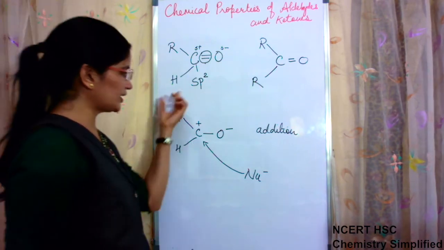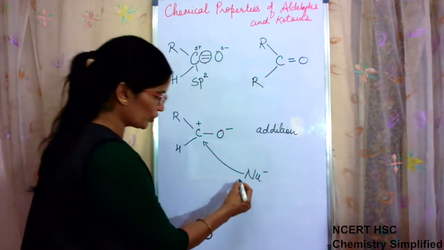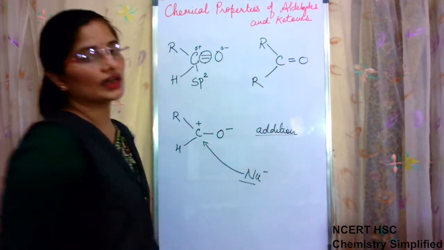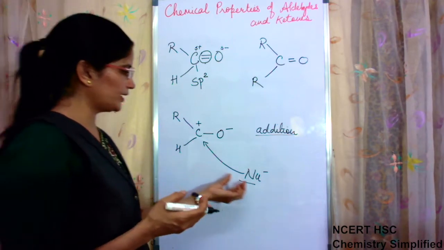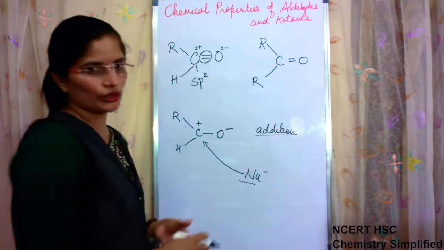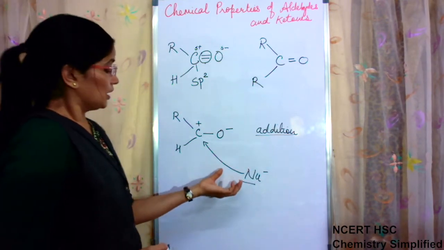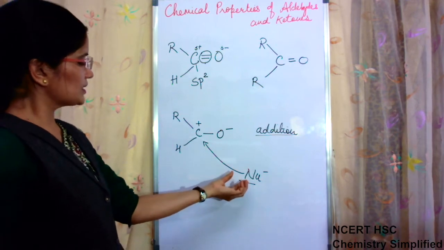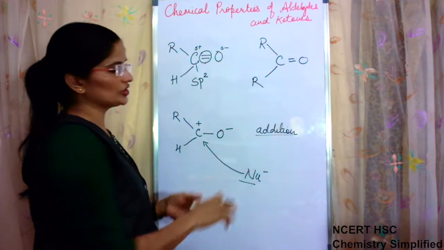So the reactions given by aldehydes and ketones are nucleophilic addition reactions. I always tell you that the name of the reaction is on the basis of the incoming group. The group which is coming is a nucleophile, so the name of the reaction is nucleophilic addition reaction.